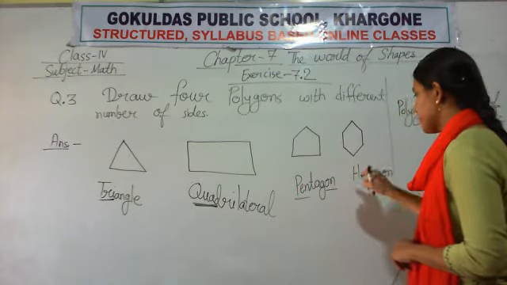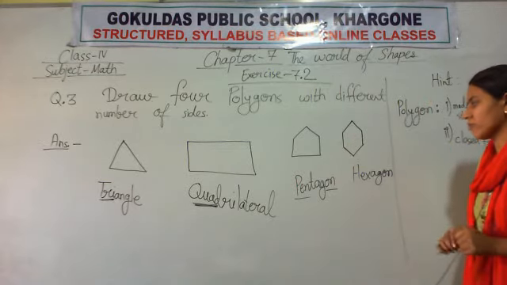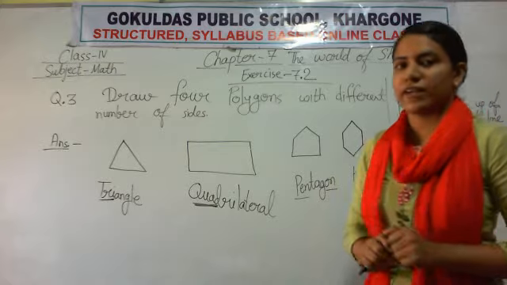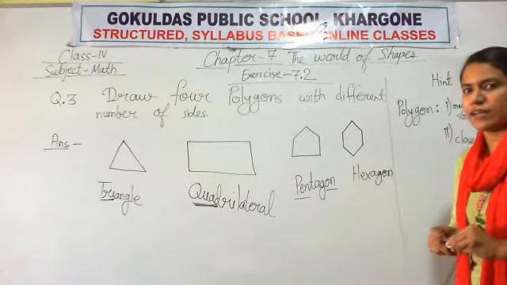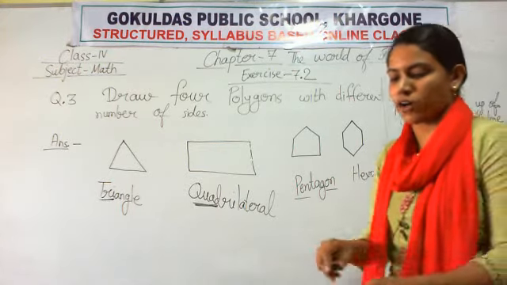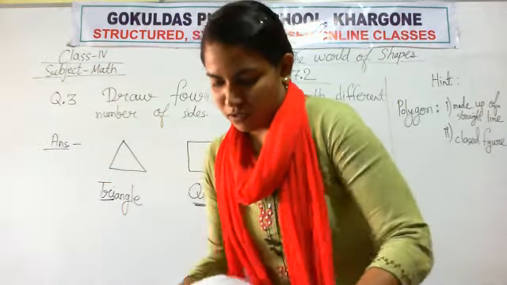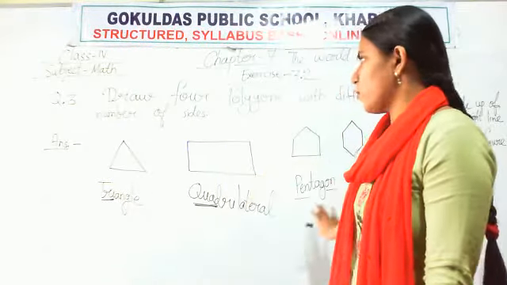Hexa means 6. If a figure has 7 sides, we call it a heptagon. If a figure has 8 sides, we call it an octagon. And like this. Okay, so these were 4 polygons.